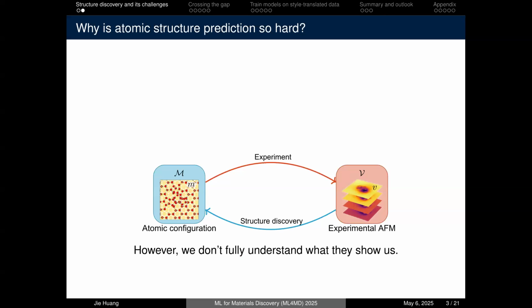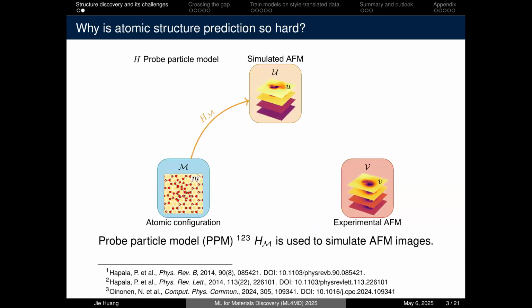So instead of using our eyes, we have developed some tools like the probe particle model, which is a simulation tool, so that we can simulate the AFM images. The input of this model is atomic configurations. Since we have this simulation tool, we can generate lots of simulation images and their corresponding atomic configurations.